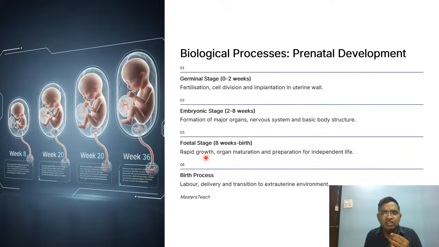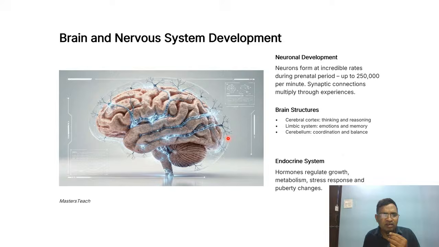Check how the development takes place: rapid growth, organ maturation, and preparation for independent life. Then the birth process through labor, delivery, and transition to the external environment. Then we'll go to brain and nervous system development.